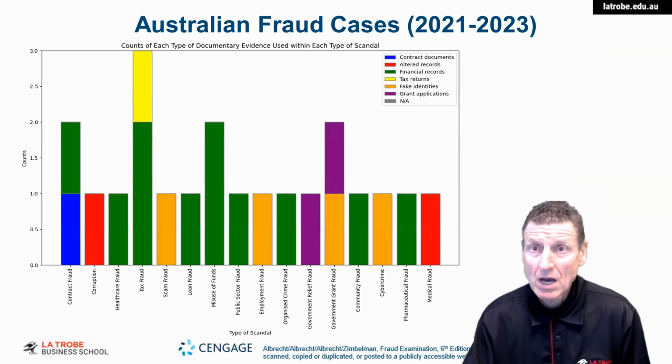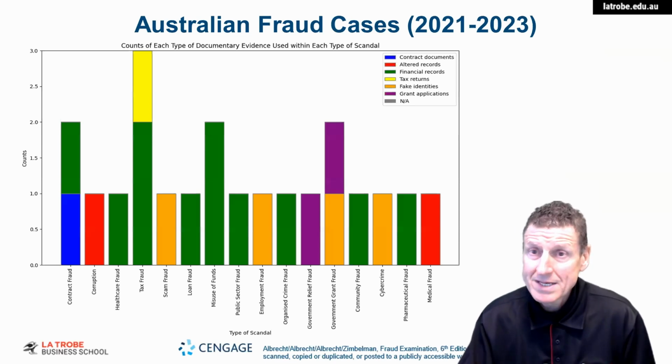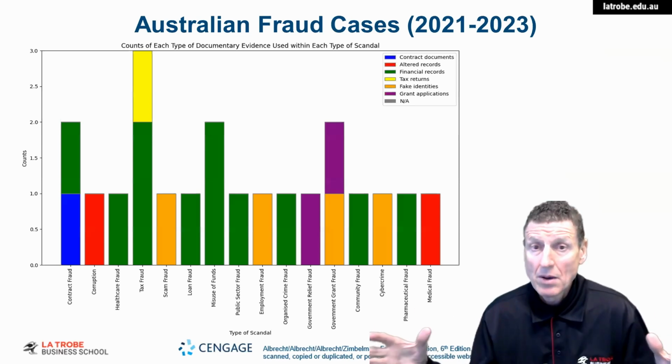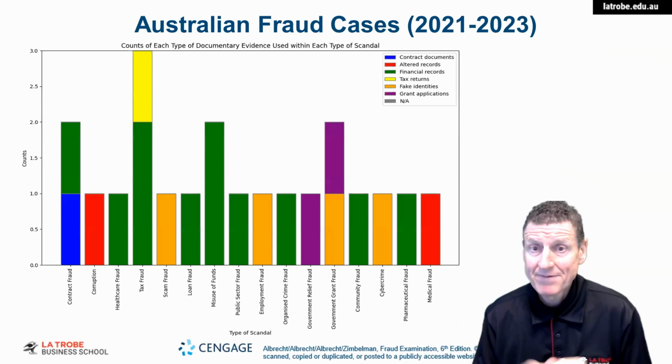And if you look at altered records, that featured in corruption and that featured in medical fraud. So you can see your understanding of these different types of documents helps you to be more pervasive in terms of the types of fraud that you are able to investigate.